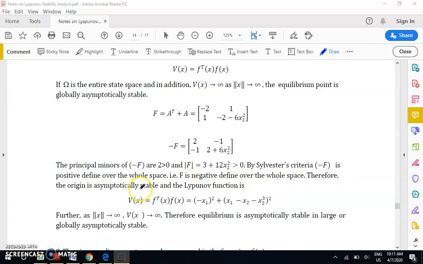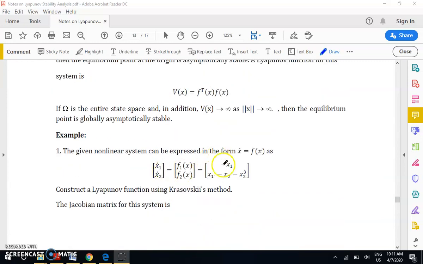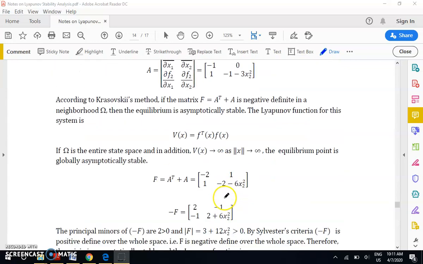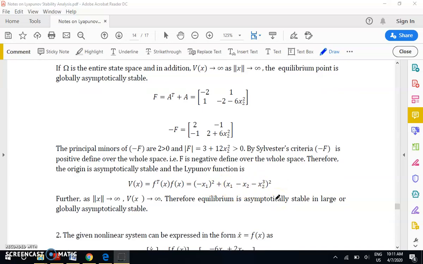Therefore, the origin is asymptotically stable and the Lyapunov function is V(x) equals f transpose(x) into f(x), which comes out as minus x1 square plus (x1 minus x2 minus x2 cube) the whole square. Further note that as norm x, which is the root of x1 square plus x2 square, tends to infinity, V(x) also tends to infinity. Therefore, the equilibrium is asymptotically stable in the large, or globally asymptotically stable.